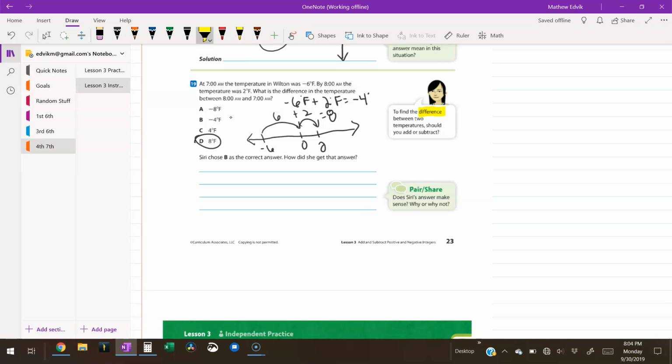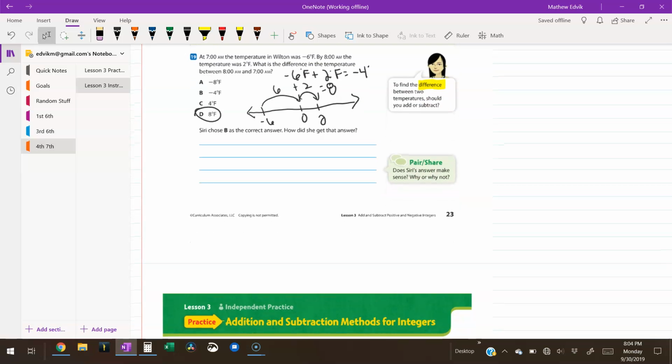So the way that we would set this up to get the correct answer, we would say -6, the difference minus 2. Nope.